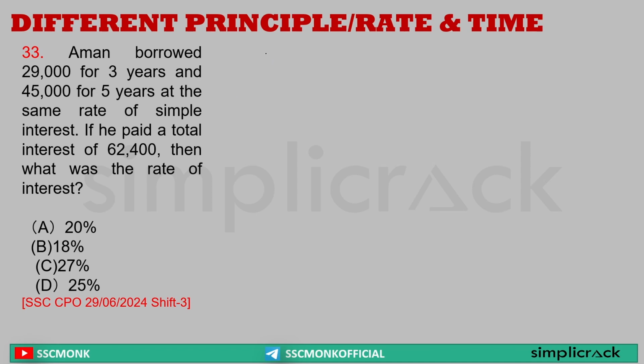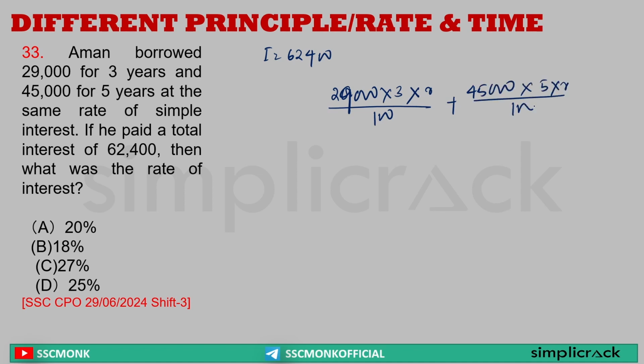Okay. Now total interest paid what? 62,400. That means 29,000 into 3 years into rate of interest by 100 plus 45,000 into 5 years into rate of interest by 100 is equal to 62,400. Sir, 0 crossed out.